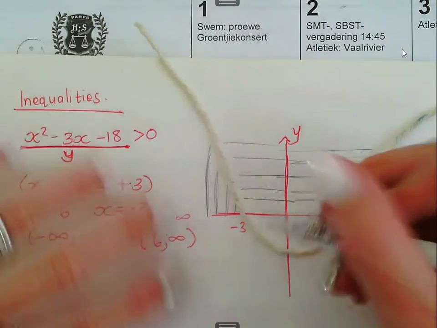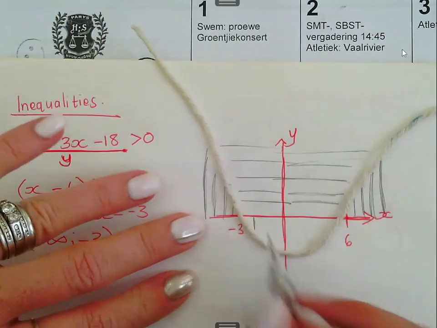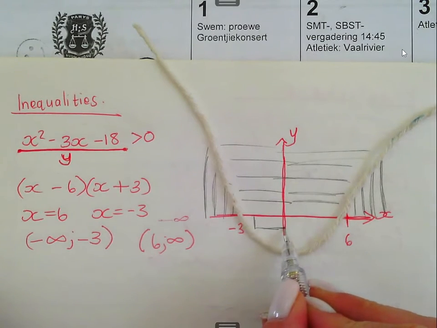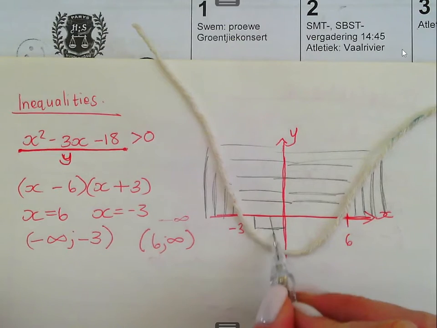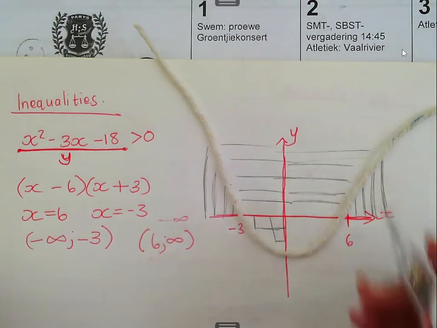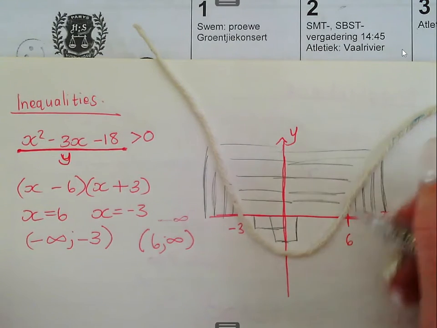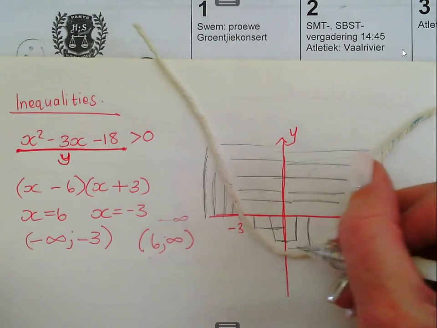If I put in negative 2, it will result in a negative y. Negative 1, it will be a negative y. Positive 1, positive 2, positive 3, it will be a negative y.